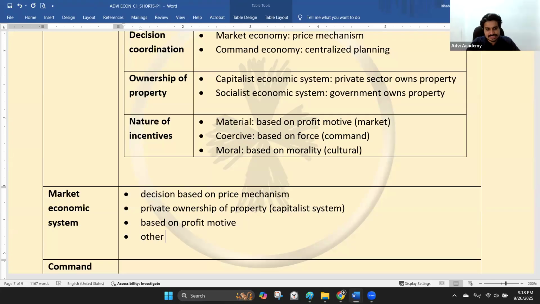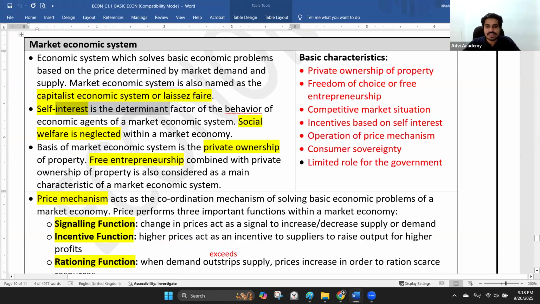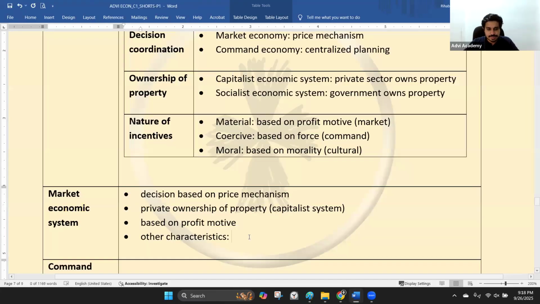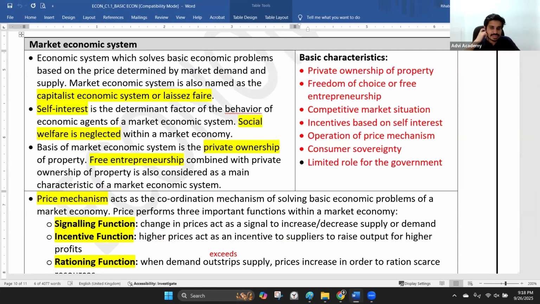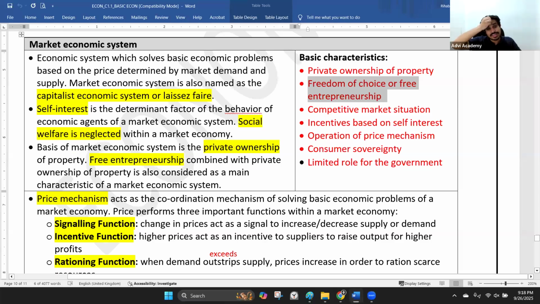You can say freedom of choice or free entrepreneurship. Competition will be there, so you can say competitive market, free entrepreneurship. I'll explain what this means. And you can say freedom of choice is there, consumer sovereignty is there. Those are the main things, I guess.